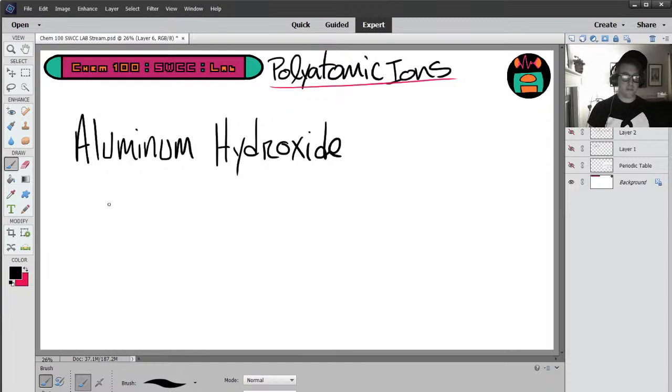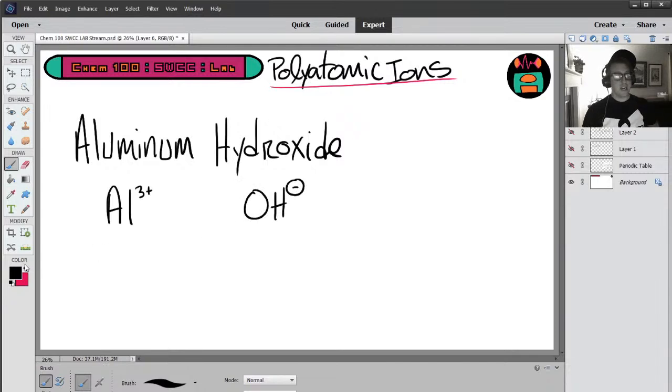Aluminum is our cation, and we can find it on the periodic table. It has a charge of +3. Hydroxide, we were just looking at it, is OH with a charge of -1. Hydroxide's charge is -1, aluminum's charge is +3, so we need 3 hydroxides to pair with our 1 aluminum. That way our overall charge is 0.